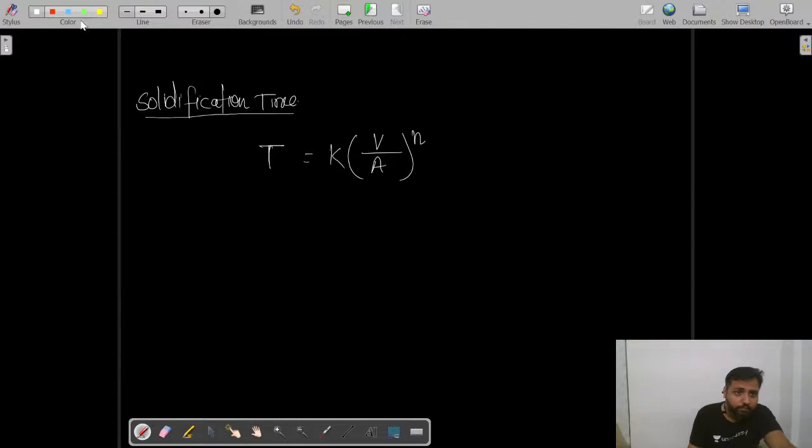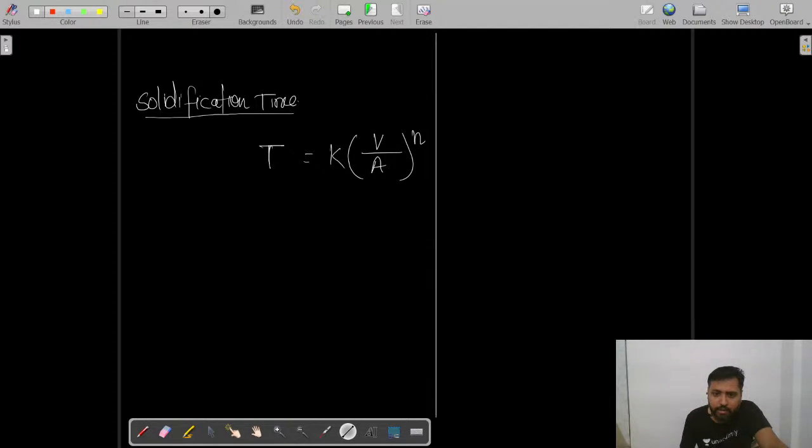Now, there are a few things that we will have to understand, and there are a few myths that also need to be explained. You see here, K is the solidification constant.